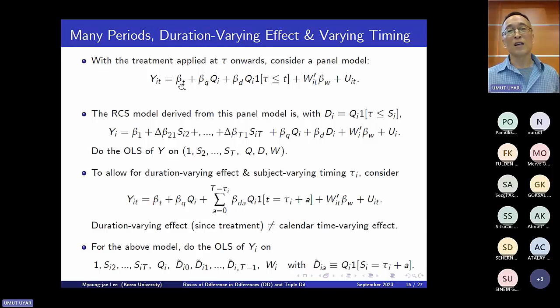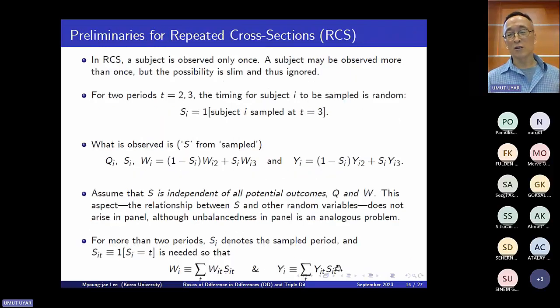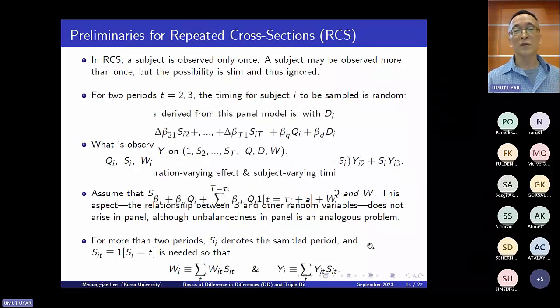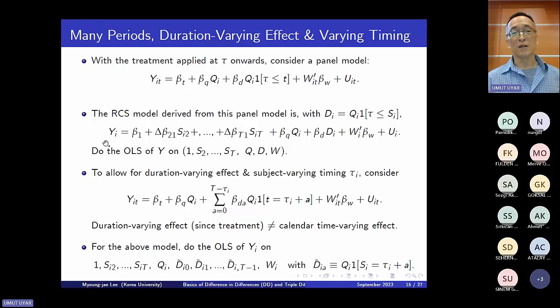From this underlying panel data model, which I showed just some minutes ago, going through this kind of summation process, you can derive an RCS model that looks like this. In this RCS model, you have these sampling dummies, and then this Q is here, and D is equal to this.